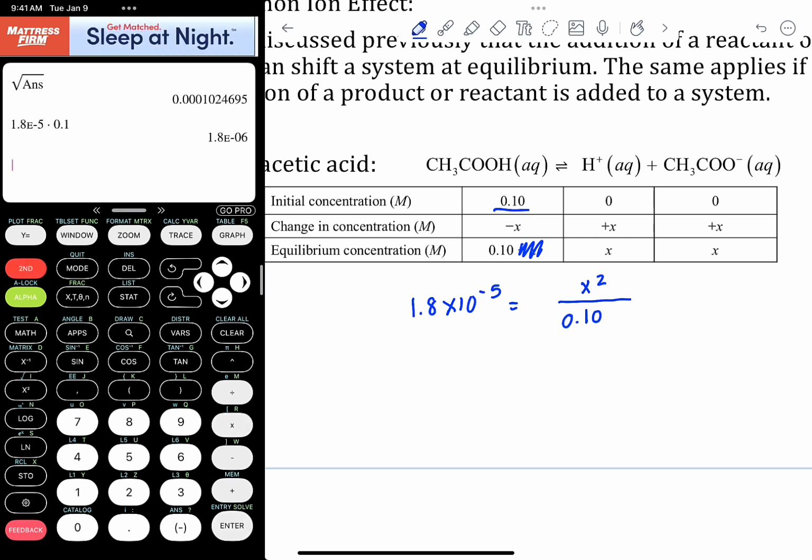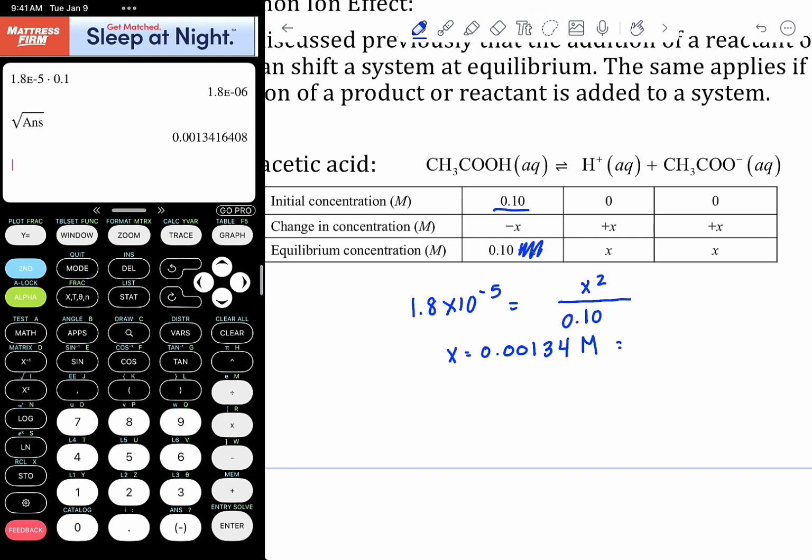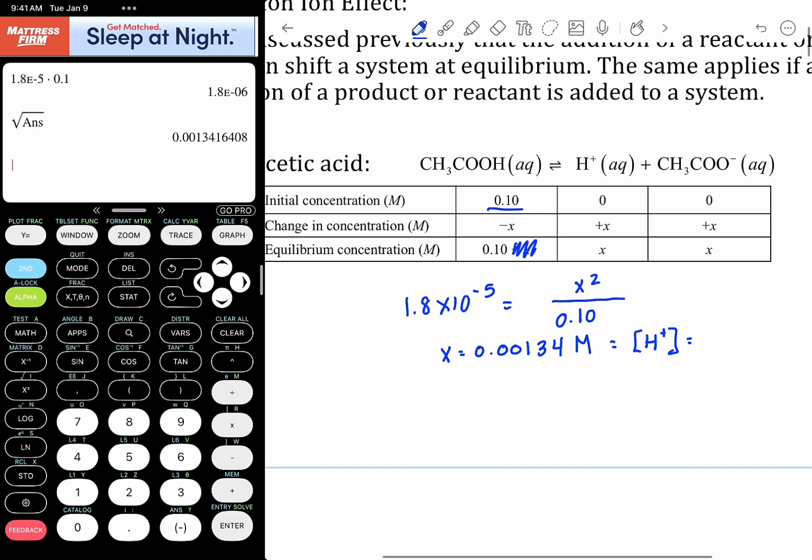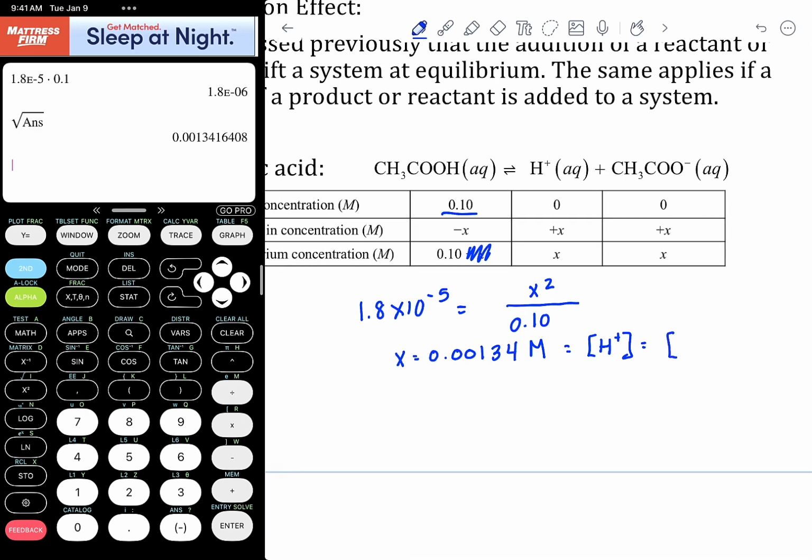We'll then take the square root of that value to get that X is equal to 0.00134 molar. So that is going to be our concentration of H plus, as well as our concentration of the acetate ion.